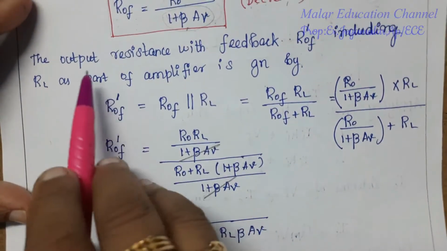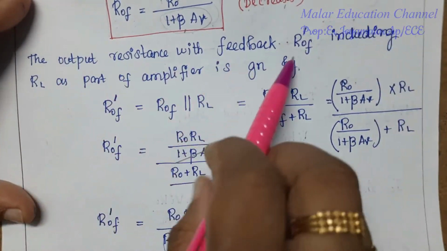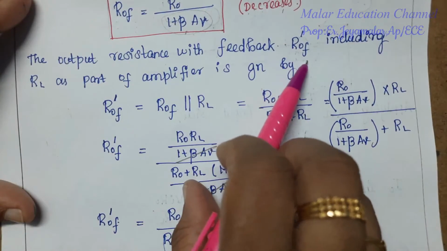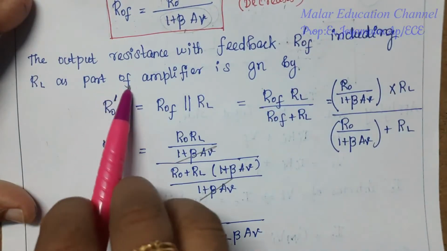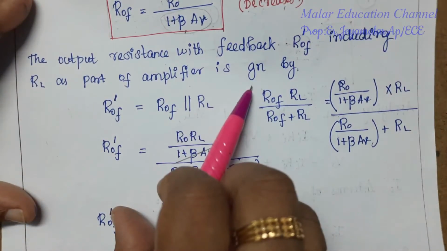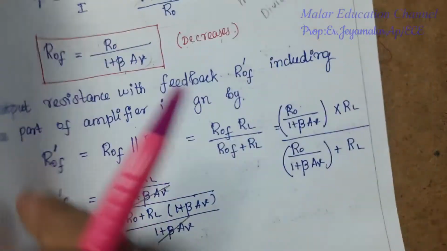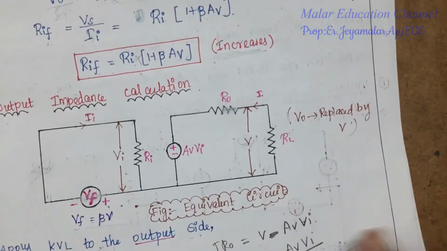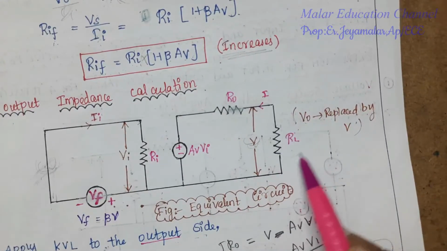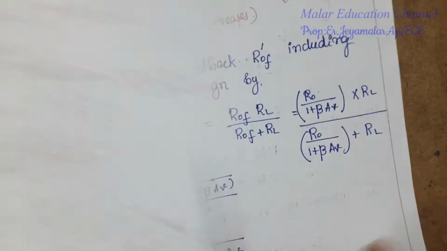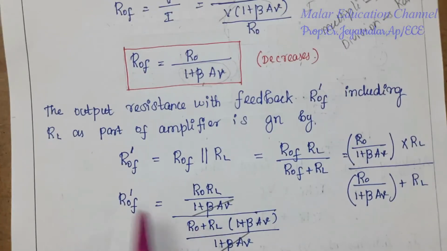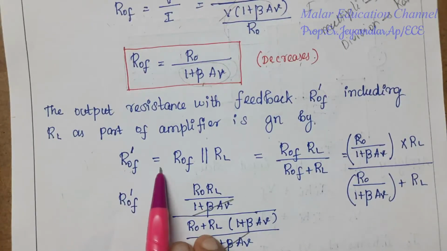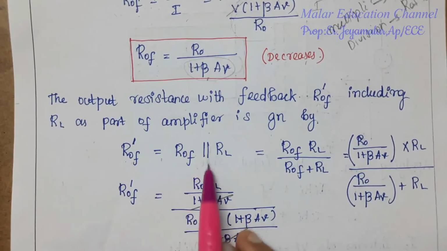The output resistance with feedback, including RL as part of the amplifier, is given by R dash of F. Because here, see the diagram, this is RL, isn't it? RL has to be additionally added for the calculation. So R dash of F equal to R0F parallel RL.